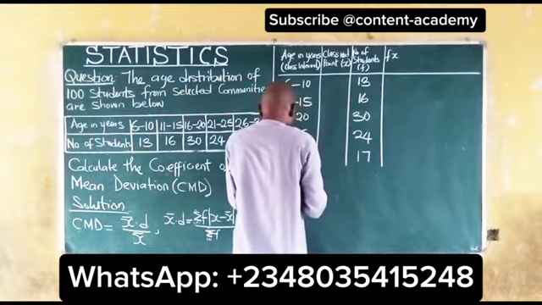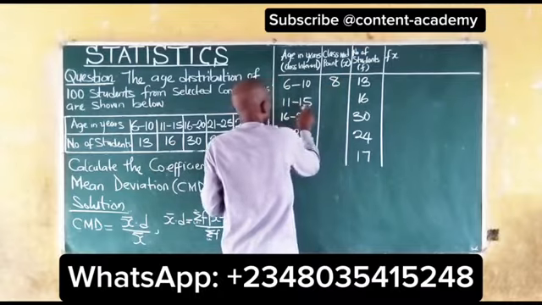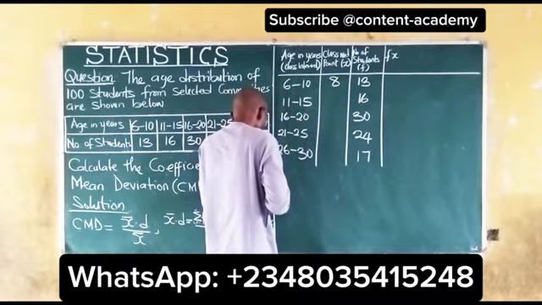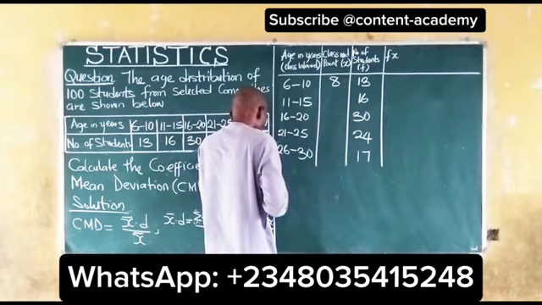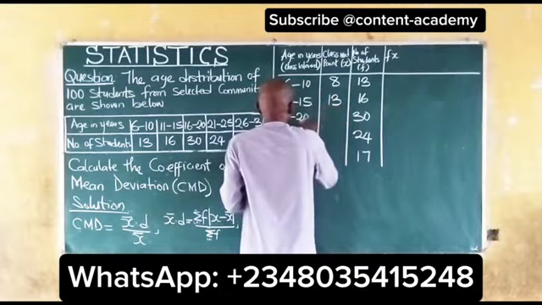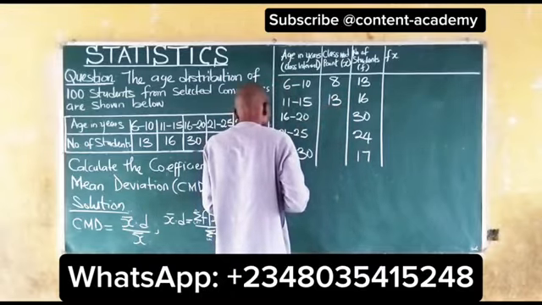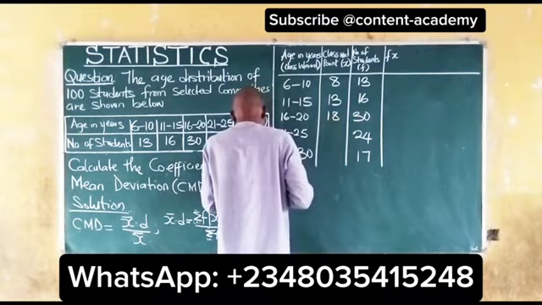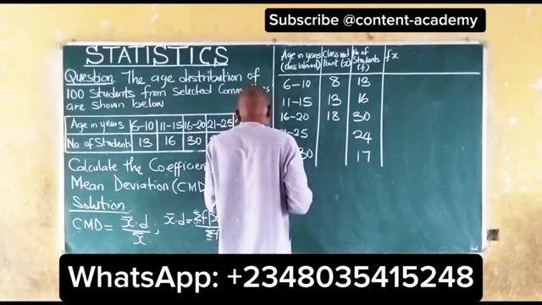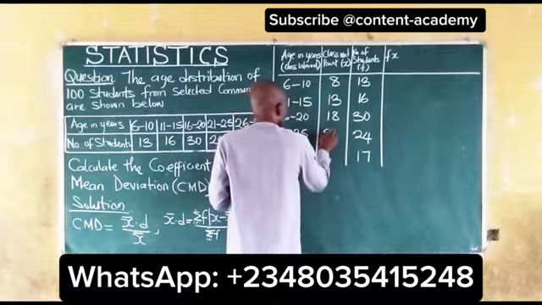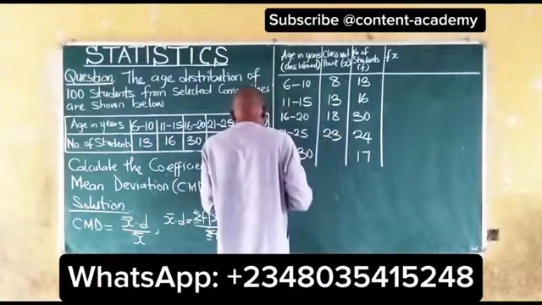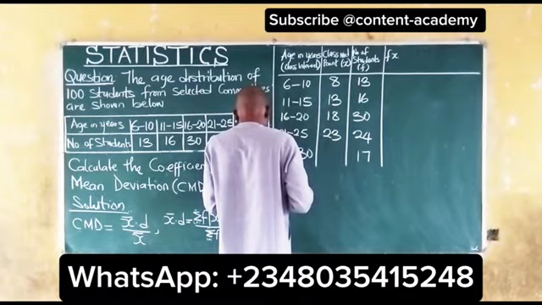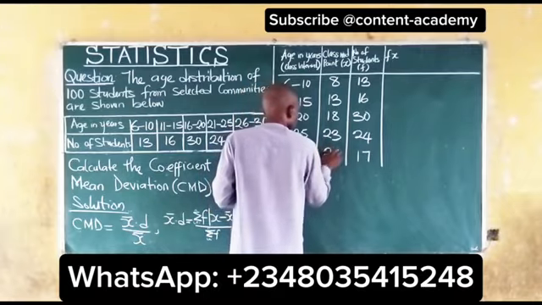What you do is say 6 plus 10 divided by 2, which is 8. 11 plus 15 divided by 2, which is 13. 16 plus 20 divided by 2, we have 18. 21 plus 25 divided by 2, we have 23. And 26 plus 30 divided by 2, we have 28.